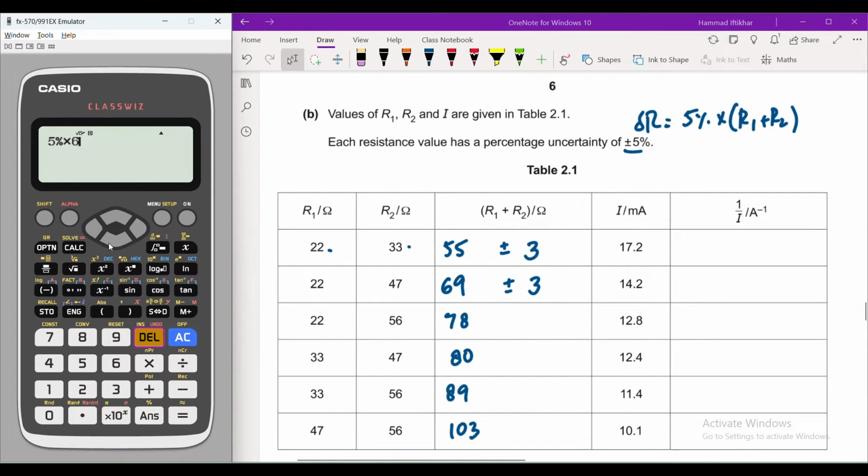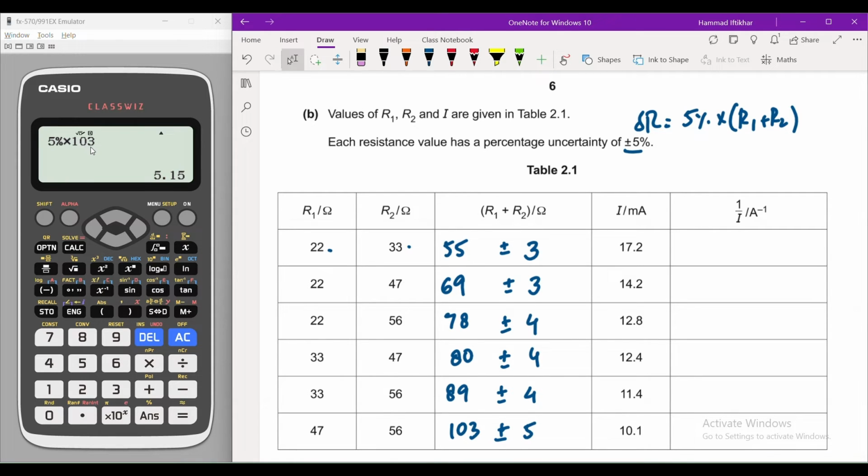Then we have 78, 3.9, plus minus 4. Then 84. Then we have 89, 4.45, still roughly 4. And then 103, we get 5.15, so plus minus 5.